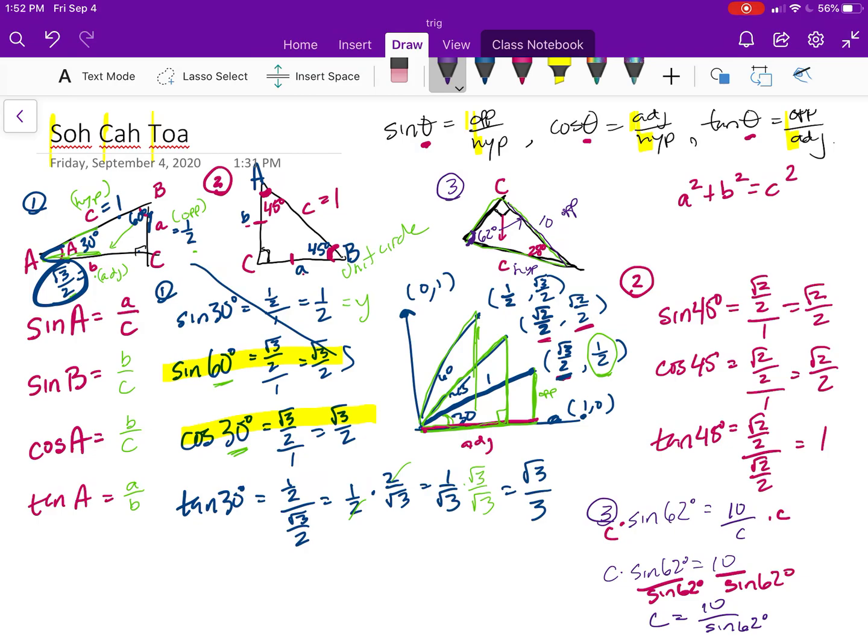Make sure you're in degree mode, because we're doing 62 degrees. Depending how they want you to round, we'll just do 1 decimal. It's about 11.3 units, whatever we were in, inches or feet or whatever it is.